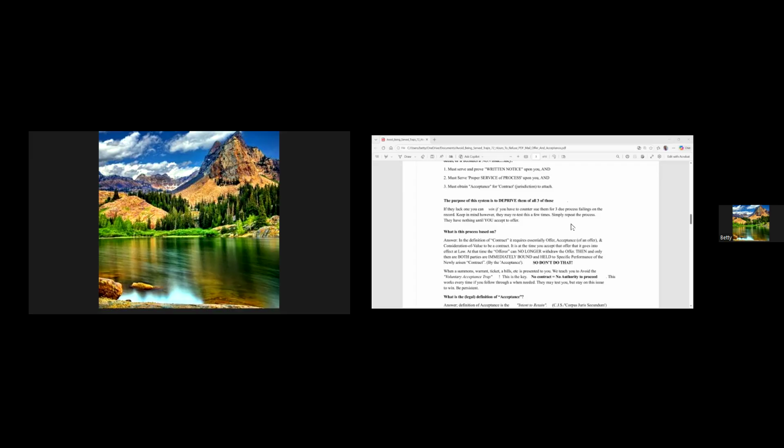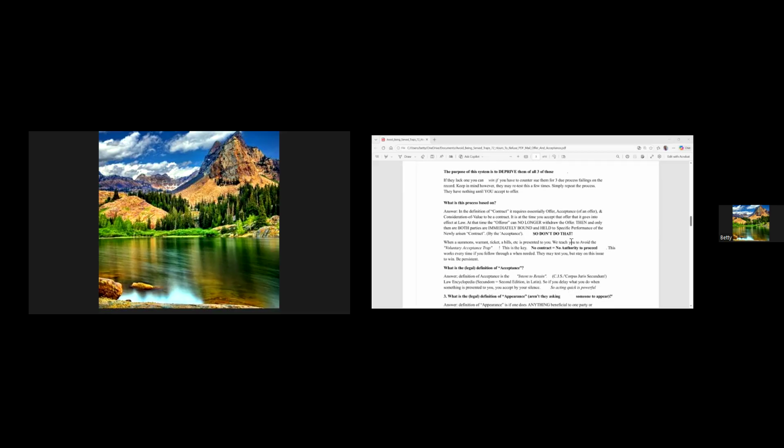So what's the process based on? In the definition of contract, it requires essentially an offer and acceptance, okay? In consideration of value to be a contract. It is the time you accept that offer that it goes into effect in law.